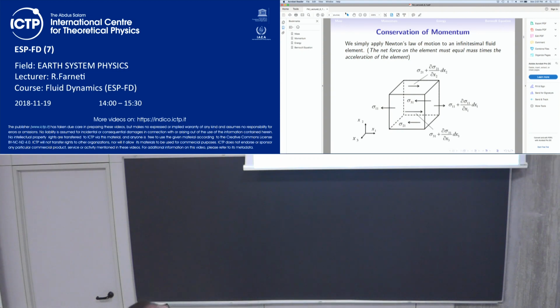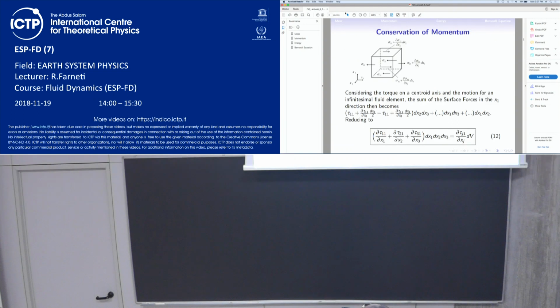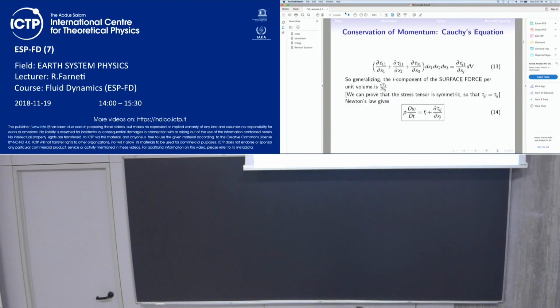So we looked at the conservation of momentum, starting from Newton's law of motion. First we looked at this tensor for the shear stresses on an element of fluid. Newton's law of motion, mass times acceleration, is equal to forces on the right hand side: a body force that we denote by F, which could be any body force, and a stress tau, which is all the surface forces acting on the element of fluid.